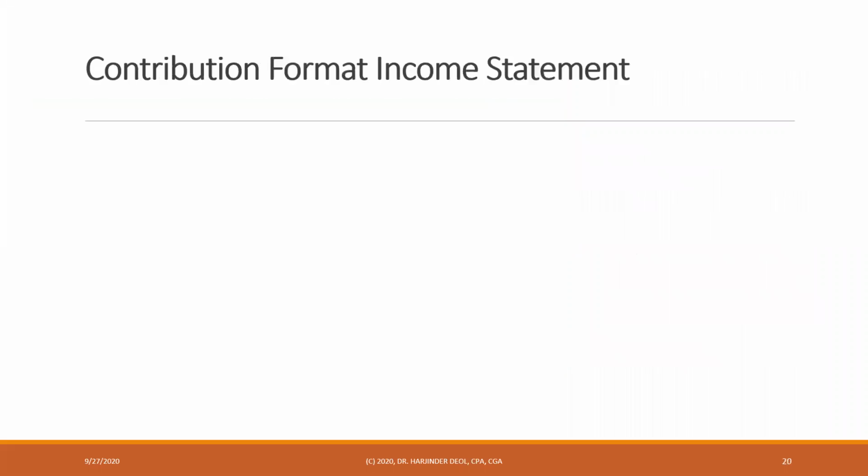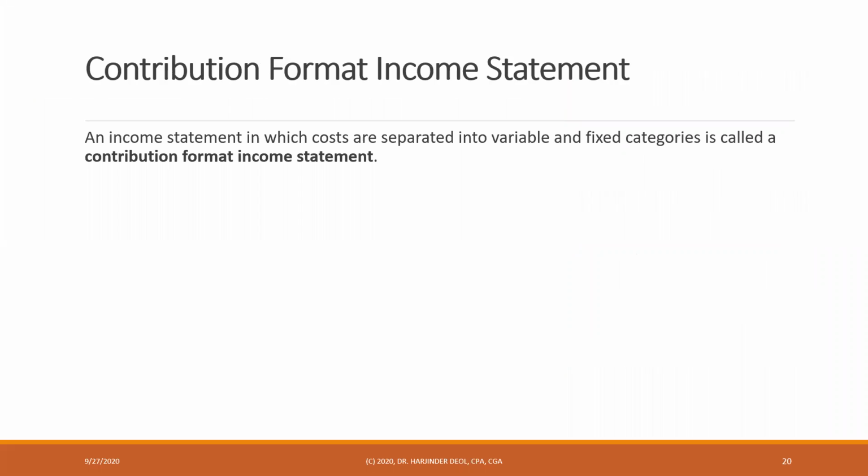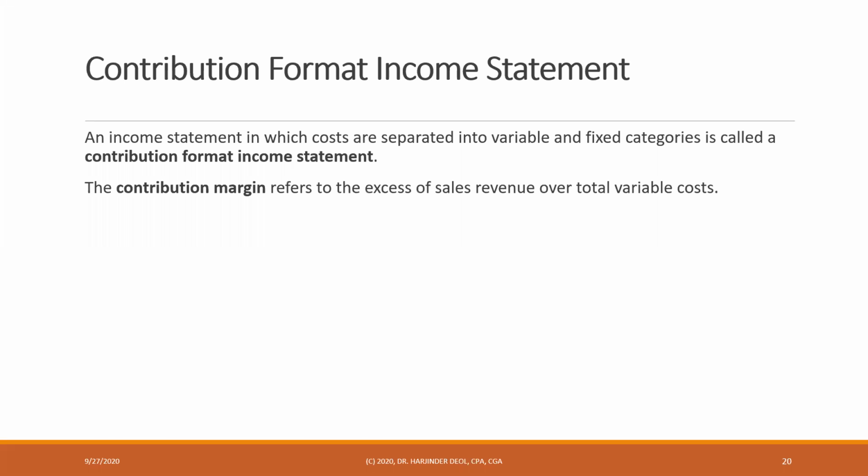So the last thing we are looking at here is your contribution format income statement. This is an income statement in which the cost is presented into two separate sections of variable category and the fixed category. Your contribution margin then refers to the excess of sales revenue over total variable cost.